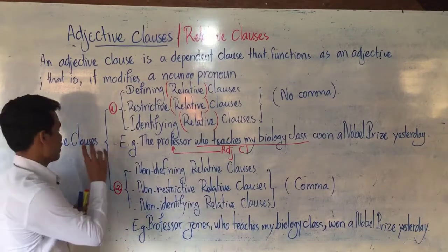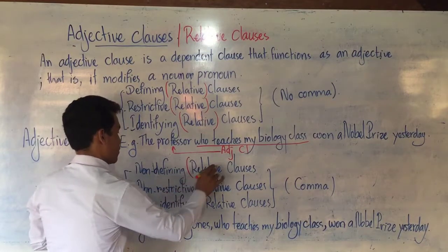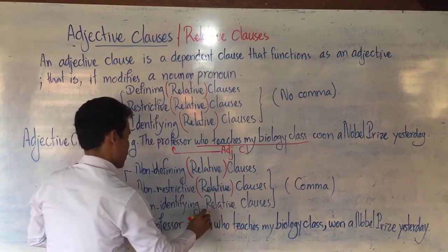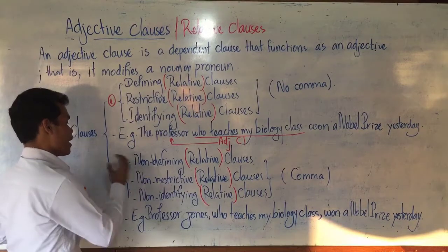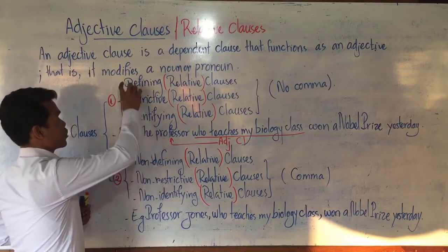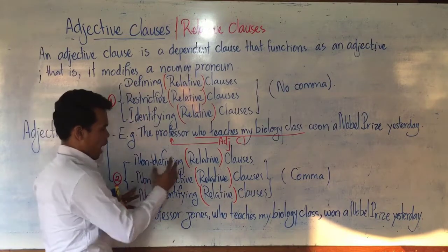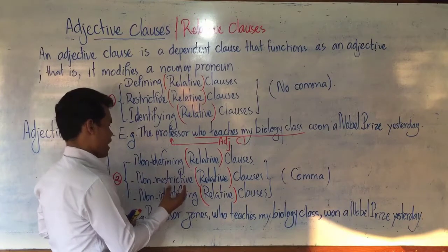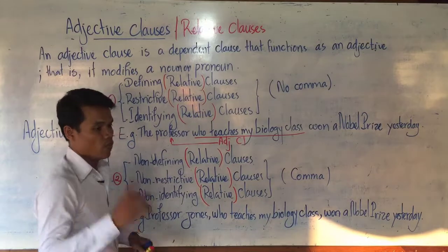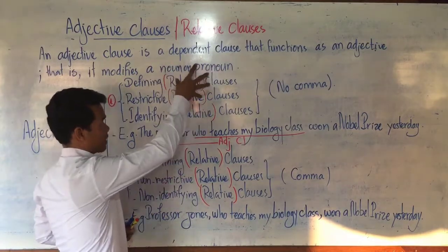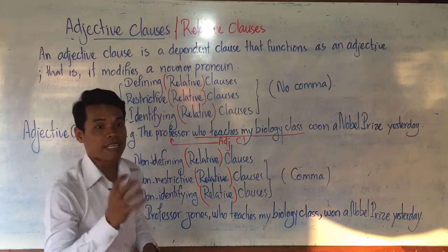Number two, the name of this adjective clause is non-defining relative clause, or you can put it in brackets like this, without relative. For the other name of adjective clause, we only add non to the first name. How about the definition of non-defining relative clause? The first one, the defining relative clause, gives extra information which is really essential to the meaning of the sentence.